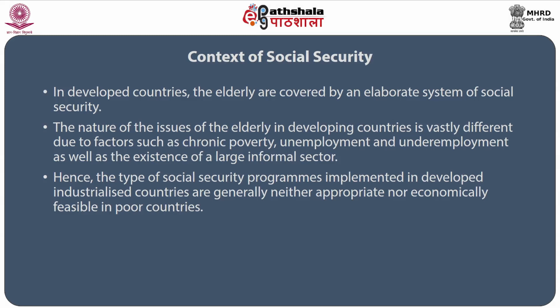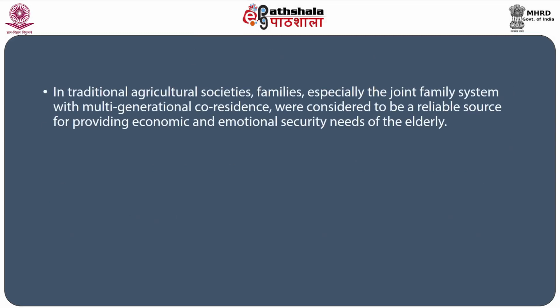As far as India is concerned, as you all know, in traditional agricultural societies, families, especially the joint family system with multi-generational co-residence, were considered to be a reliable source for providing the economic and emotional security needs of the elderly.